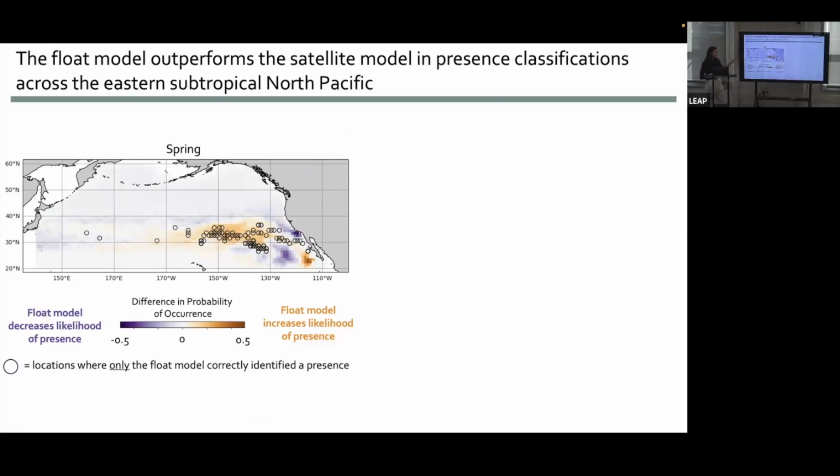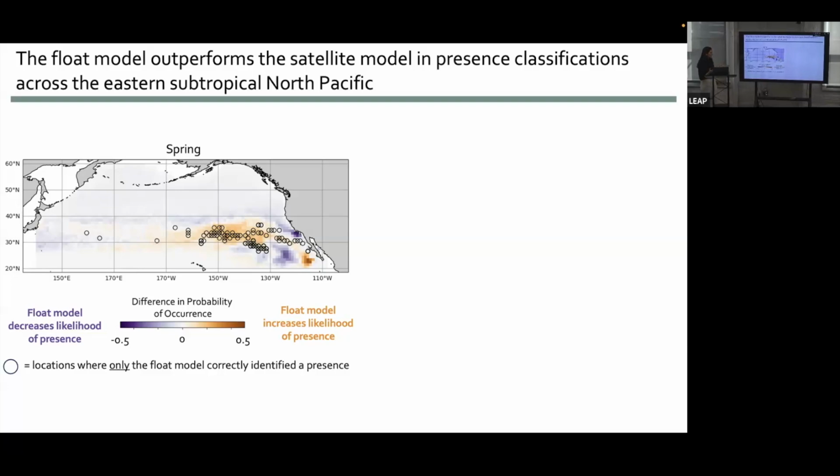All of these circled locations are presences that the satellite model incorrectly classified. We conducted a regional performance evaluation in this area, and the float-based model showed a 25% improvement in classification accuracy, so identifying fish presences, compared to the satellite model.